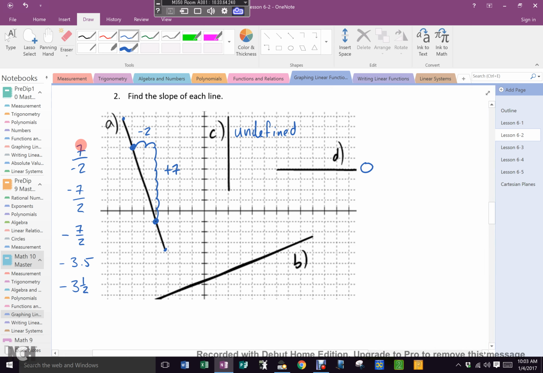Great. So you guys do B. I like to use that point and that point. Why is this difficult?